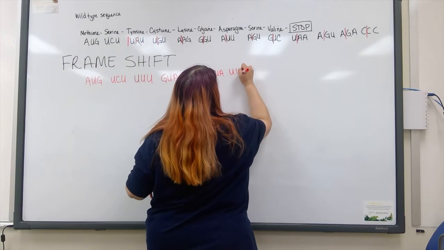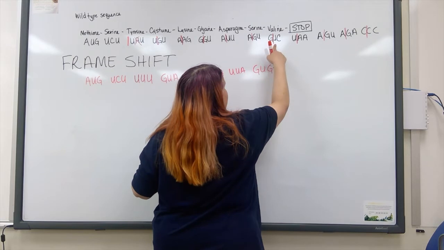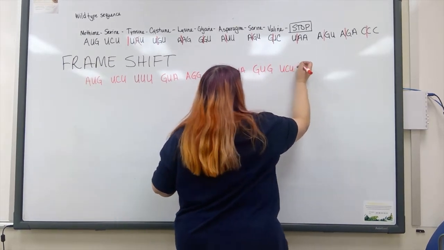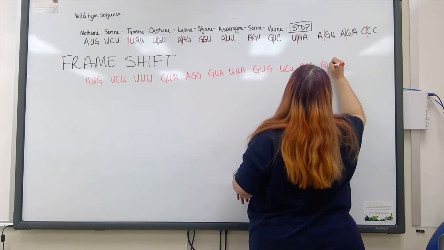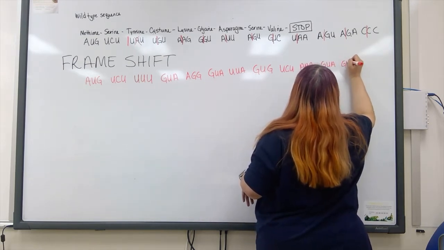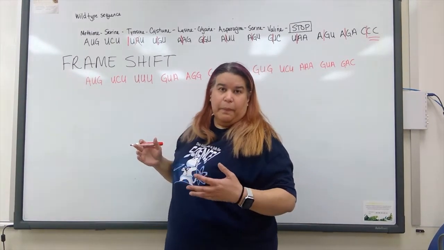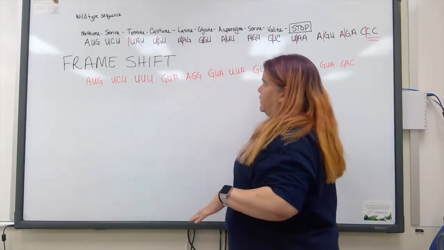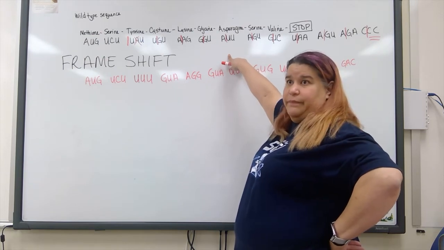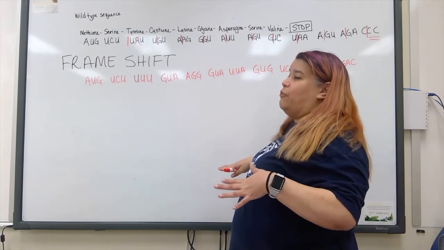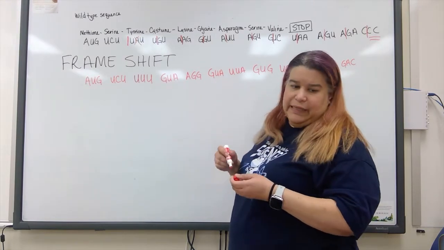UUA, GUG, UCU, 3 A's, GUA, GAC, and then we have these 2 C's hanging out here that won't be anything. If you look at this sequence compared to what was up there, it is now completely different. What is being coded for as far as the amino acids go, also completely different.